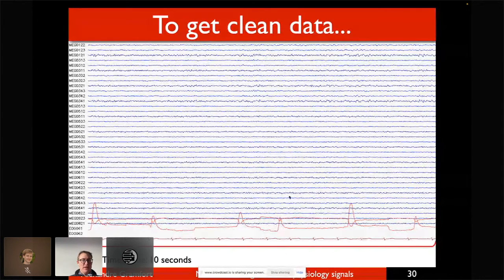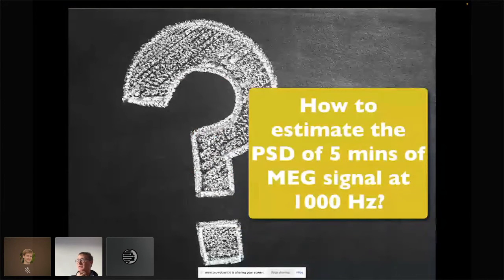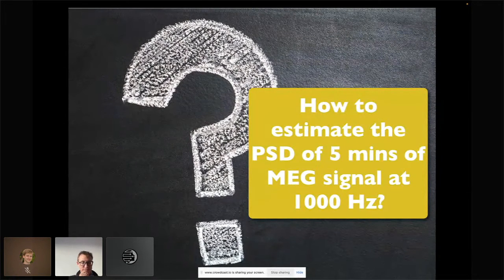All right. So I'll say a few things about power spectrum estimation, which is a bit at the core of identifying the signal of interest with MEG and EEG. I will give you 30 seconds to think about this question. I assume that some of you have had some exposure or training on signal processing.